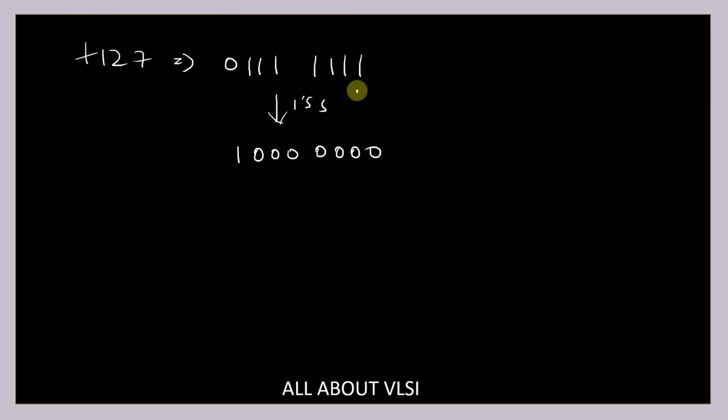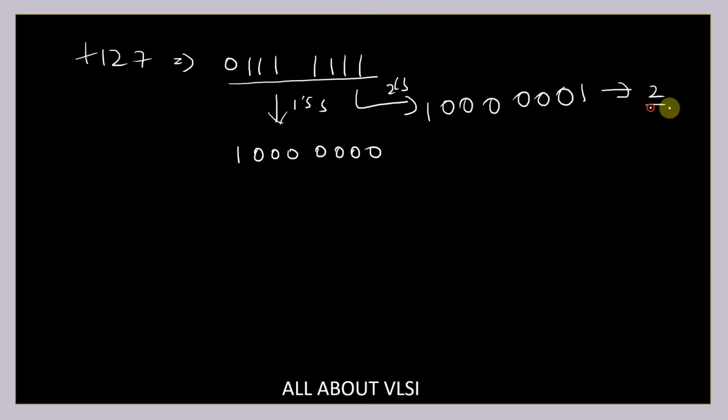And if you represent the same number in two's complement, you apply two's complement on this number and it is 1 0 0 0 0 0 0 1. So in two's complement, you have two 1s, and in one's complement, you have only one 1. So this is m and this is n.